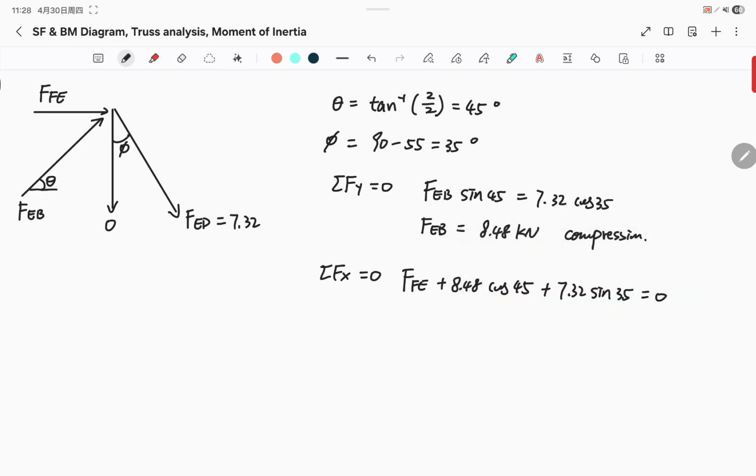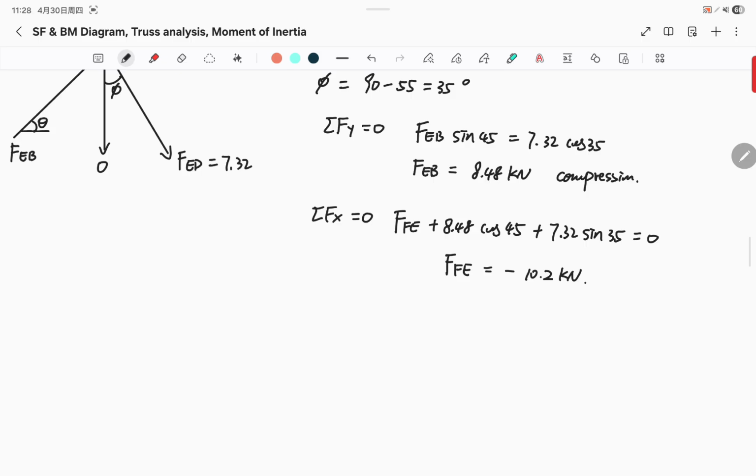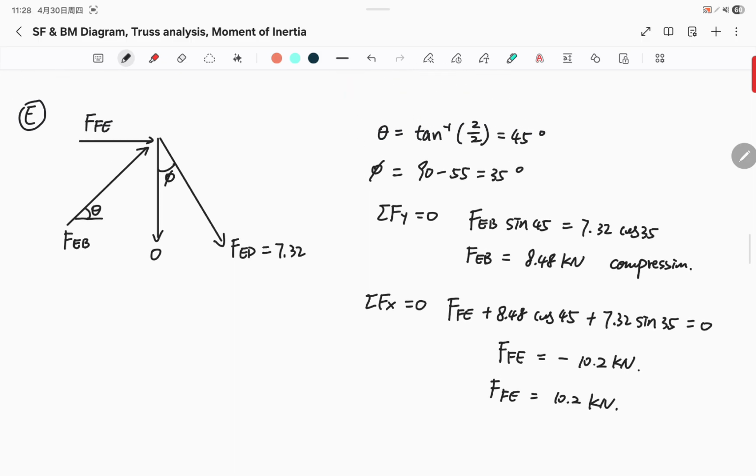You see, everything here in this equation is positive. That means my Fe must be negative, otherwise they won't balance out. Negative 10.2. And what does that mean when we get a negative value?